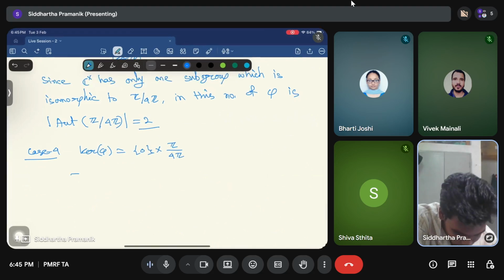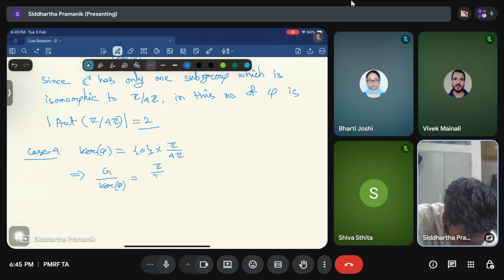So that will imply your G mod kernel phi is basically Z mod 2Z cross Z mod 4Z modulo 0 cross Z mod 4Z. So this is basically Z mod 2Z.